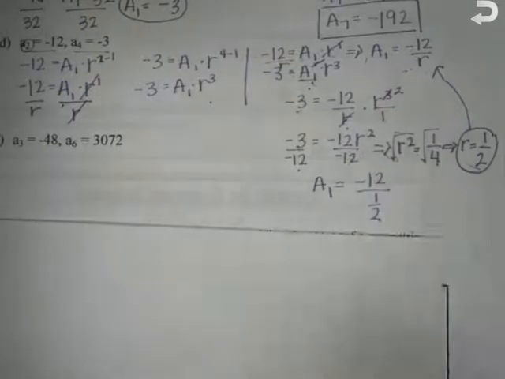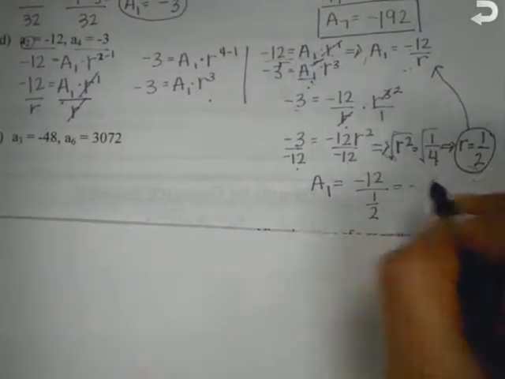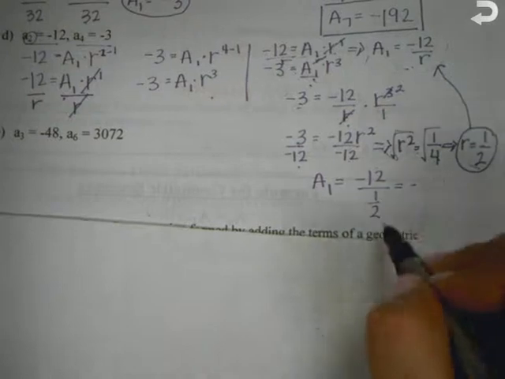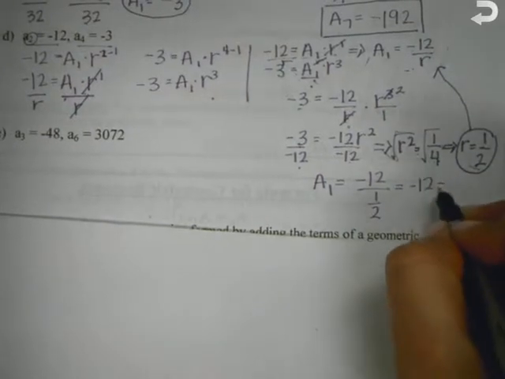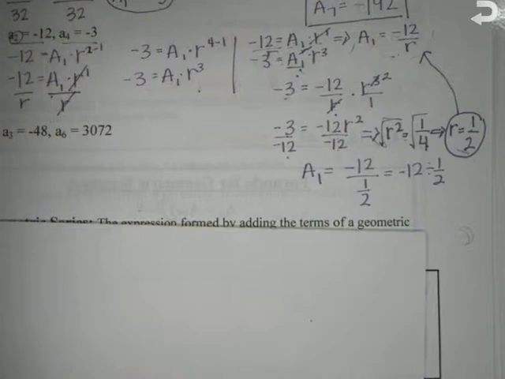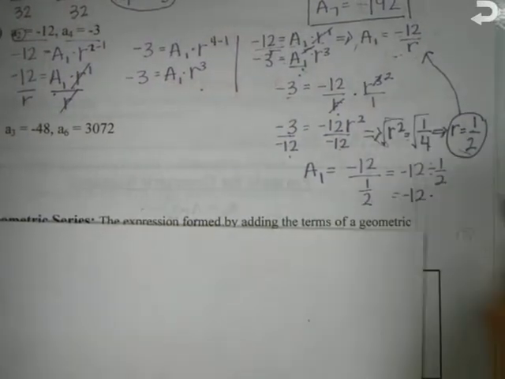So this is negative 12 divided by 1/2. Is everybody okay with that? Okay, so this is the same as negative 12 times, dividing by a fraction is the same as multiplying by the, what? Reciprocal. So negative 12 times 2, which gives me A1 equals negative 24.